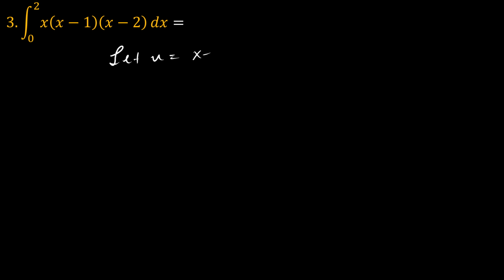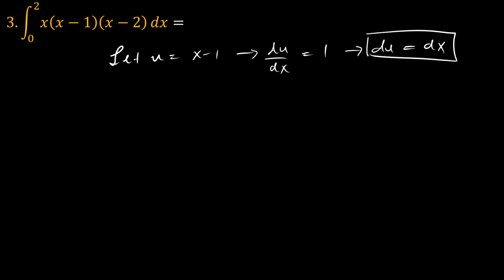Problem 3 is very interesting, and some people may want to just bulldoze through this problem, but the trick really lies in substituting the middle part of the integrand here by saying let u be equal to x minus 1, such that du/dx equals 1, and that means that you can use du to substitute for dx. Then when x equals 0, u equals negative 1.